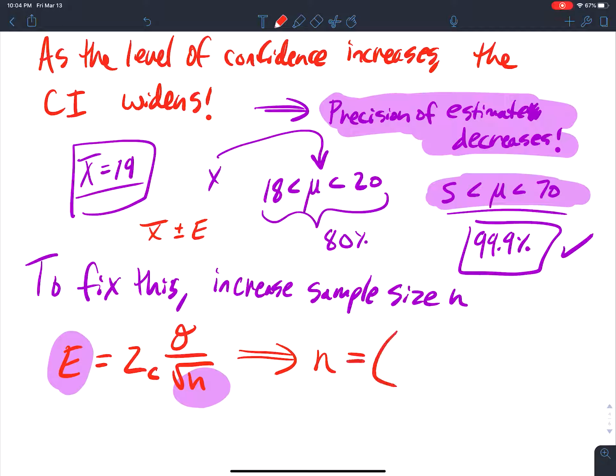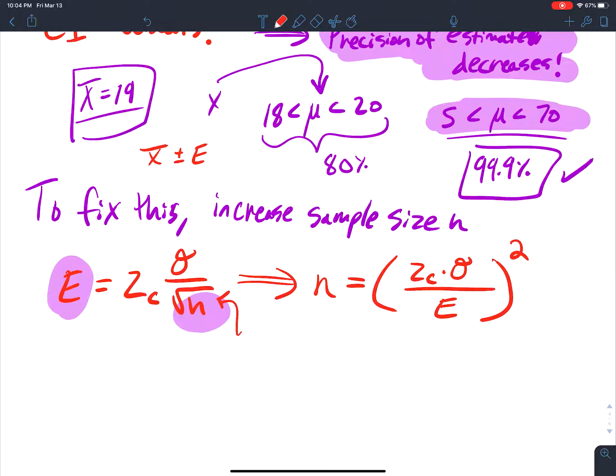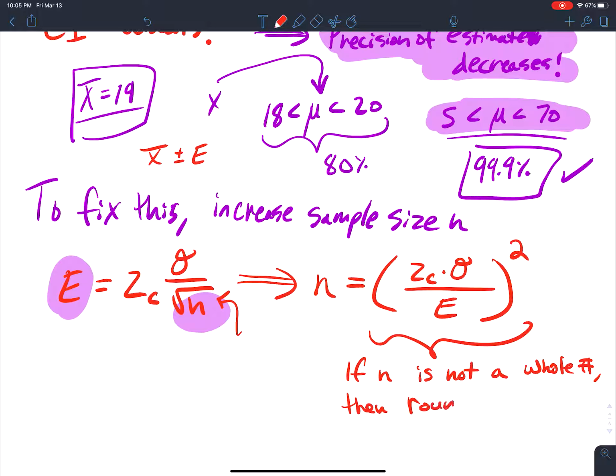n is equal to Zc times sigma divided by the error, all squared, okay? That's coming into play because of that square root right there. We just solved for n in that original equation. Now, this is probably going to give you a number that's not a whole number. So if n is not a whole number, what do you do? Then round up.